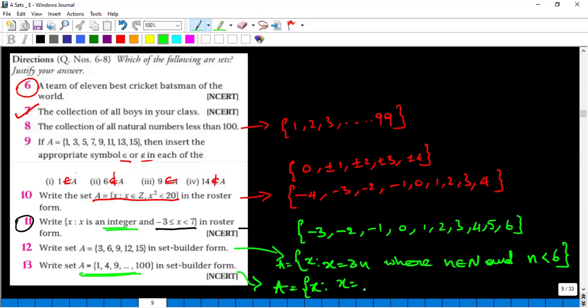So I can write here x is n square where n belongs to N and n is less than 11. That's it. Hope everyone understood how to convert from set builder form to roster form and roster form to set builder form.